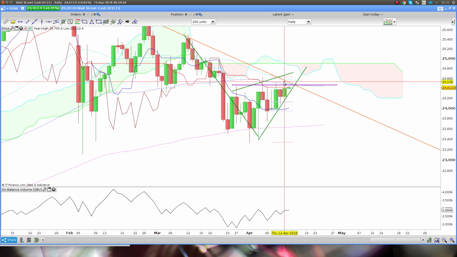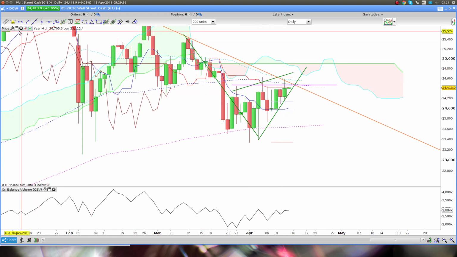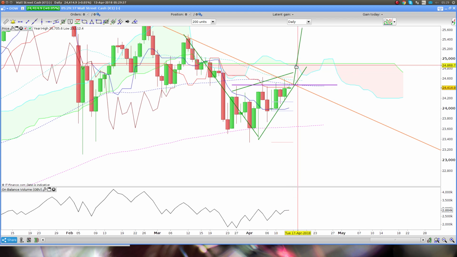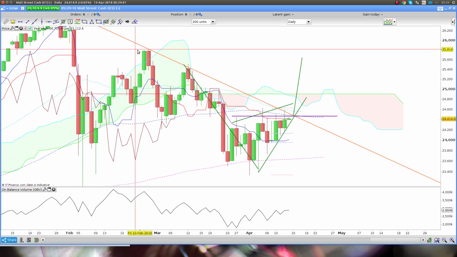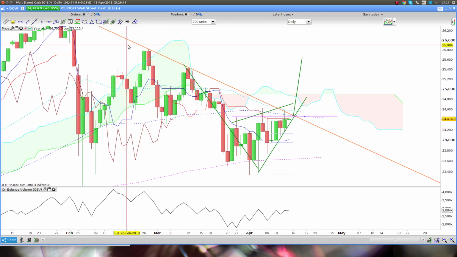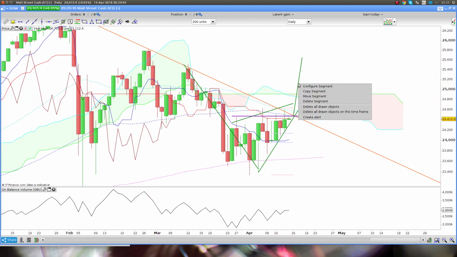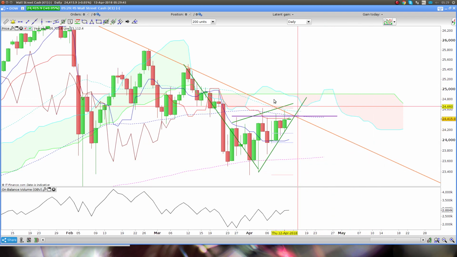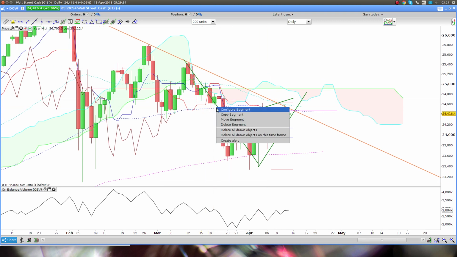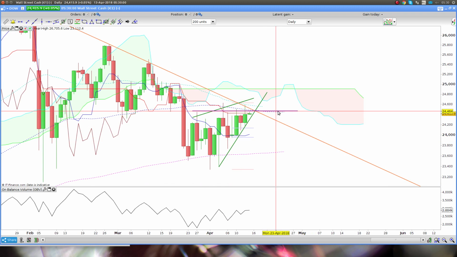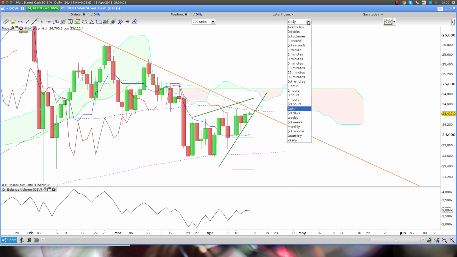So a break to the upside will travel the distance from there to there, which would bring us in line with this area here. Difficult to call at the moment on the daily as to where we're going, but let's look at the lower time frames and we'll see.